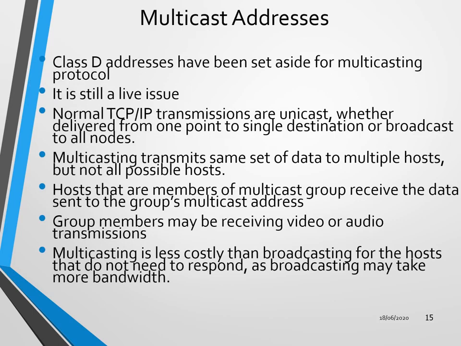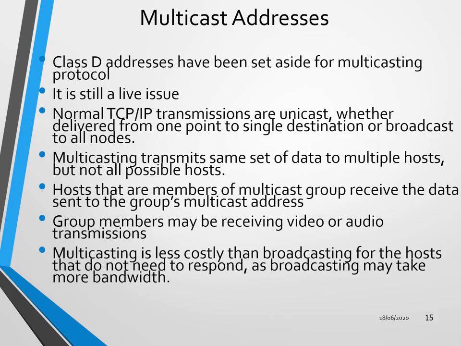Class D addresses have been set aside. They are for the multicast protocol, so it is still a live issue. Normal TCP/IP transmissions are unicast, whether delivered from one point to a single destination or broadcast to all nodes. But multicasting transmits the same set of data to multiple hosts but not all possible hosts.